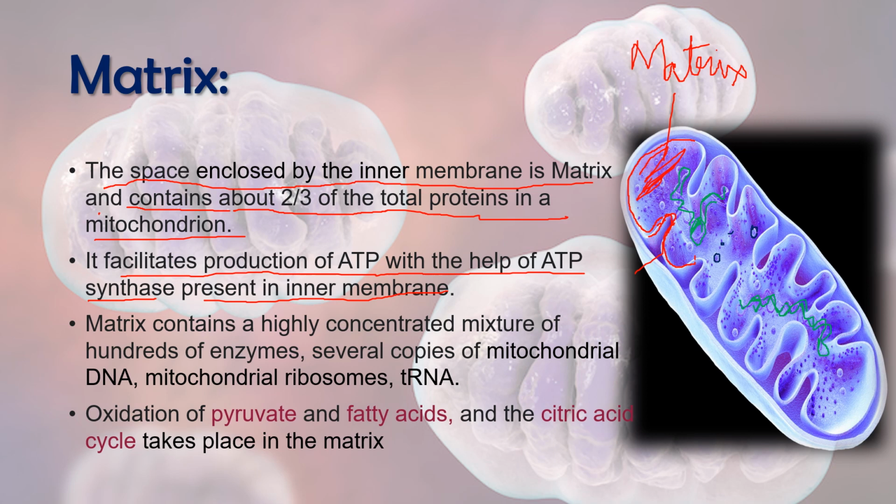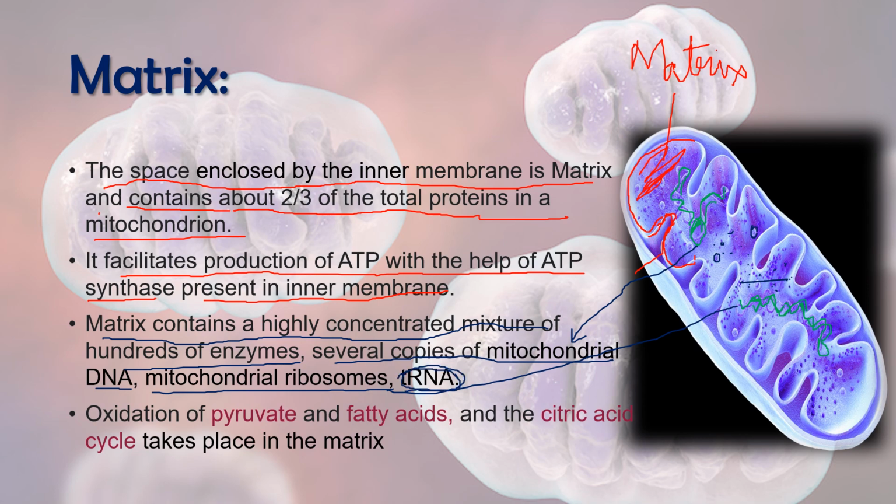So we can say that the matrix contains a highly concentrated mixture of hundreds of enzymes and several copies of mitochondrial DNA. There are also mitochondrial ribosomes and tRNA. So the matrix contains hundreds of enzymes, several copies of mitochondrial DNA, mitochondrial ribosomes, and transfer RNA.